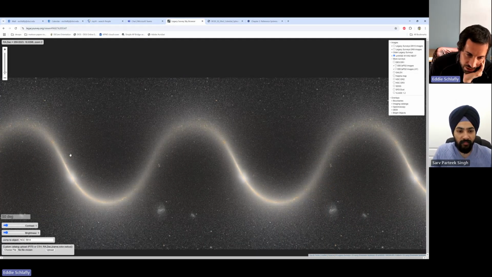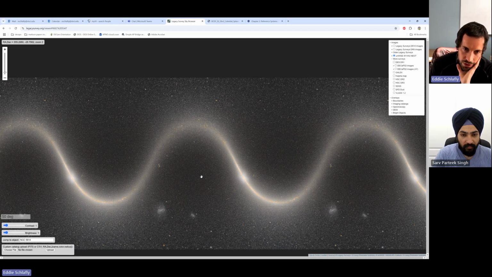The sky is a sphere, and so whenever you make one of these maps, you have to do some weird smushing of the sphere to put it into two dimensions. The way they've done this is basically the same as the Mercator projection of a globe, where a point that, if you were at the North Pole looking straight up, would be at the very top of the map, and then the South Pole looking down would be at the bottom of the map.